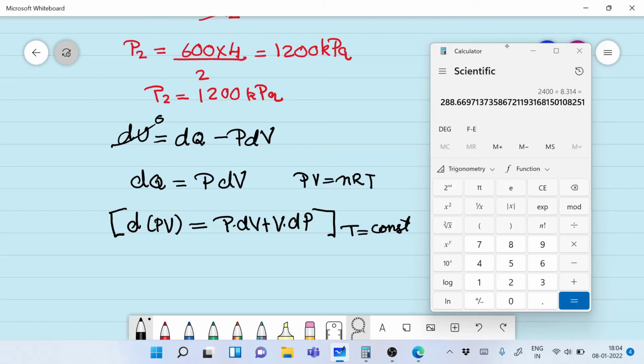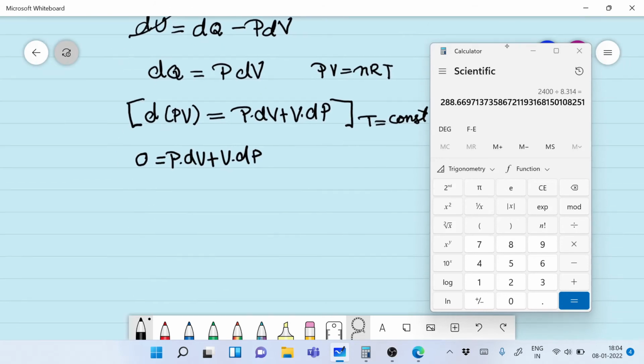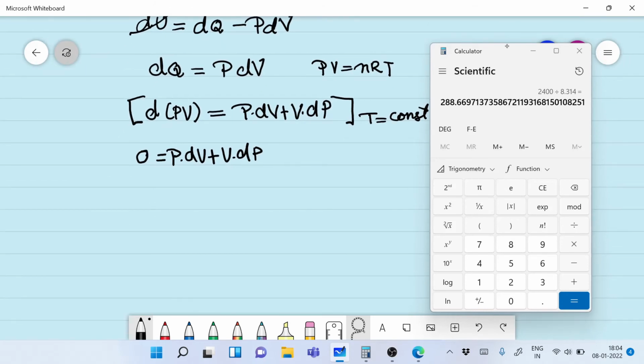We know that since PV is a constant, since n, R, T are all constants, d(PV) is equal to 0, and we get 0 is equal to P into dV plus V into dP. So we can write P into dV as minus V into dP, and we can replace this in our above equation, and we can write dQ as minus V into dP.